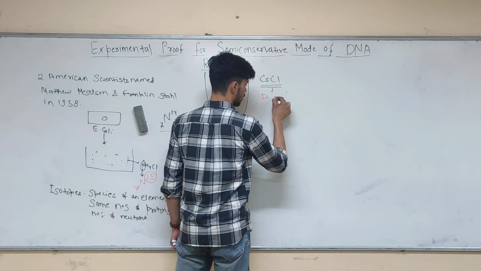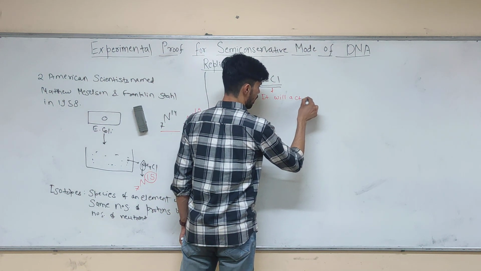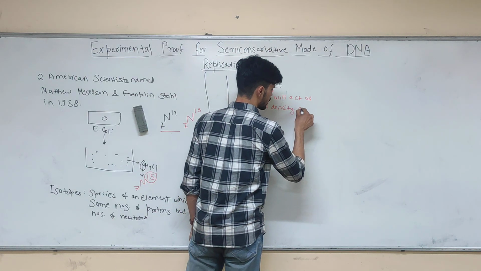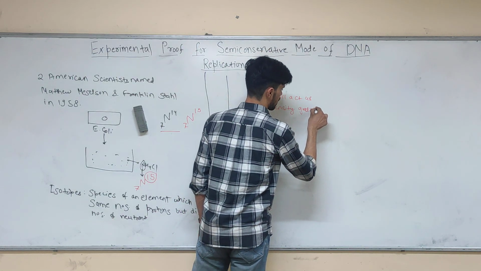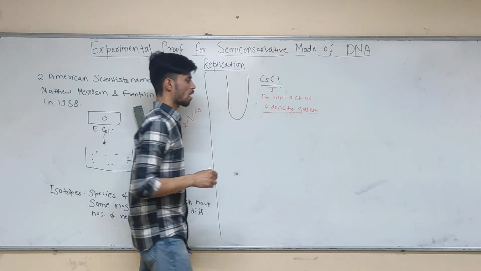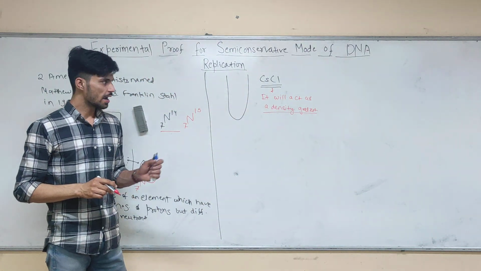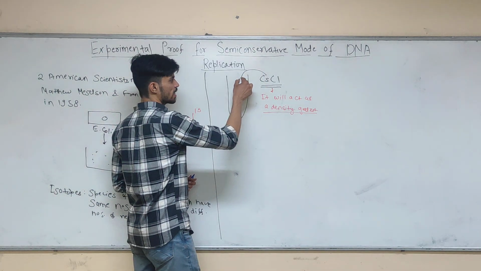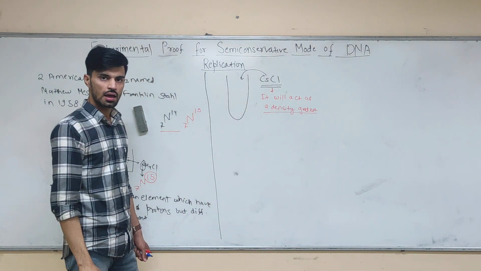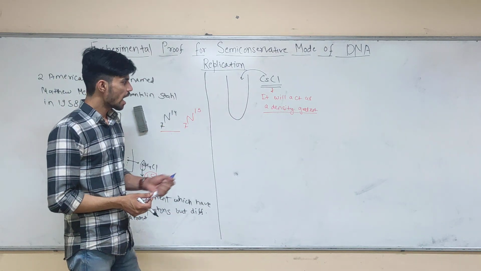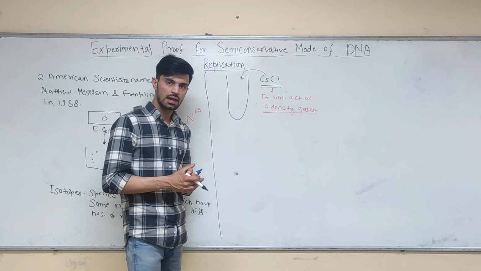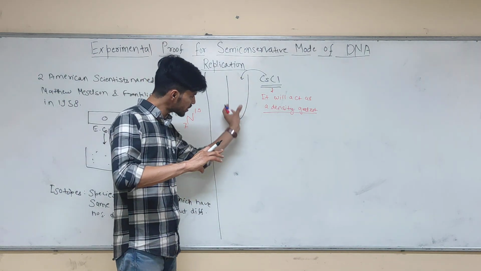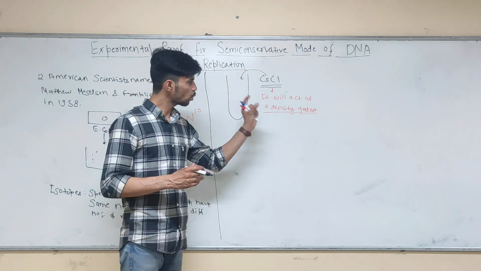I will write here, it will act as a density gradient. What do you mean by density gradient? It means that if I put CsCl in this test tube and then I centrifuge the test tube, the CsCl will distribute in the test tube according to its density.